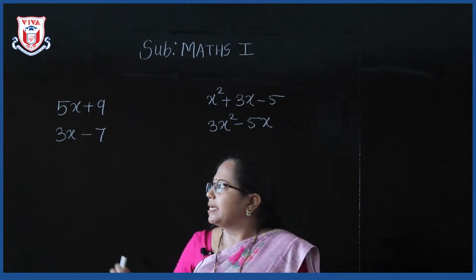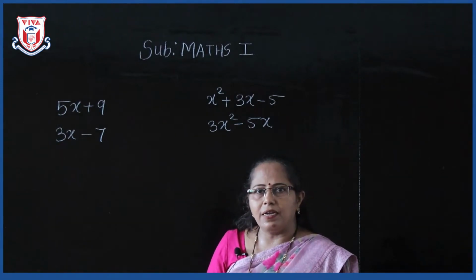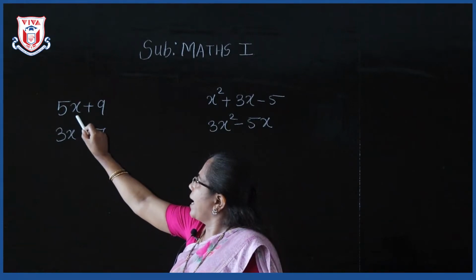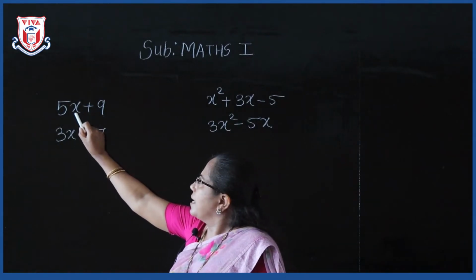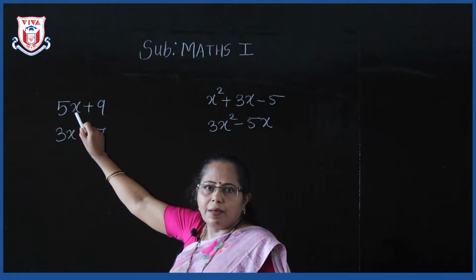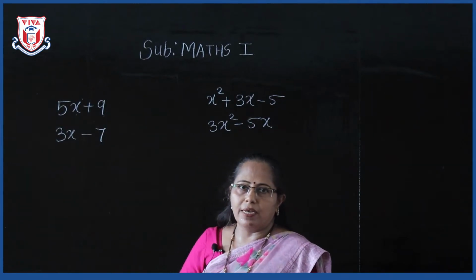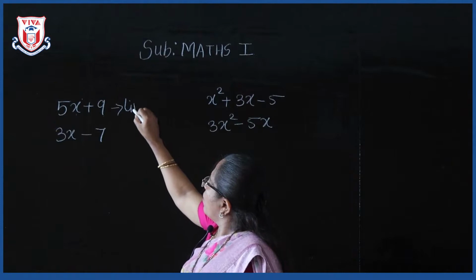So students, I have written here some polynomials. Let us classify them. First polynomial is 5x plus 9. Here the variable is x and the maximum index number of the variable x is 1. So this polynomial is called a linear polynomial.